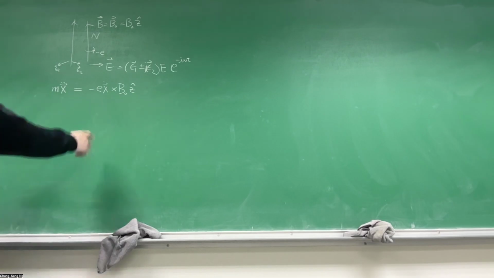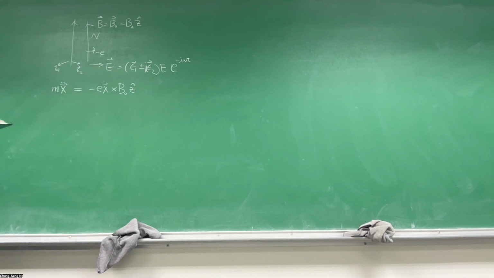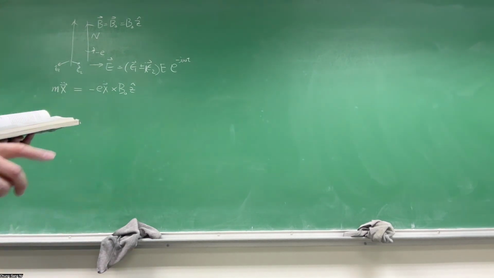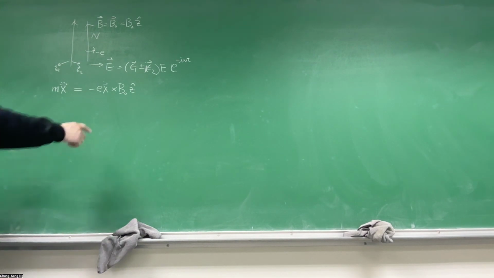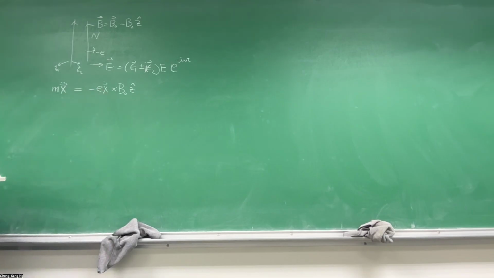Another assumption is that this is non-relativistic. Even though the wave has both electric and magnetic fields, the magnetic Lorentz force depends on the velocity, and the velocity is much smaller than the speed of light, so that magnetic force is much smaller than the electric force.